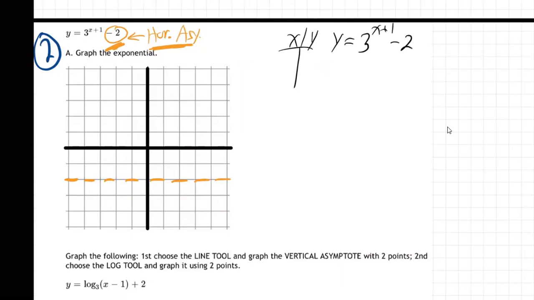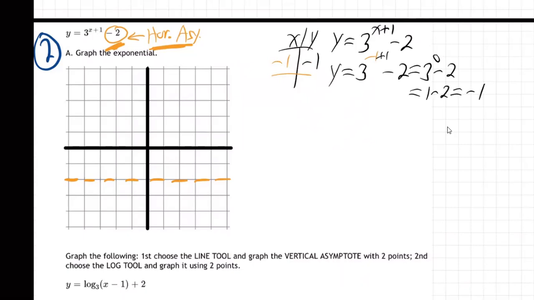So what can I plug in up there for x that will make that power 0? -1, right? So that equals 3 to the 0 minus 2, which is 1 minus 2, -1. Are we good so far?